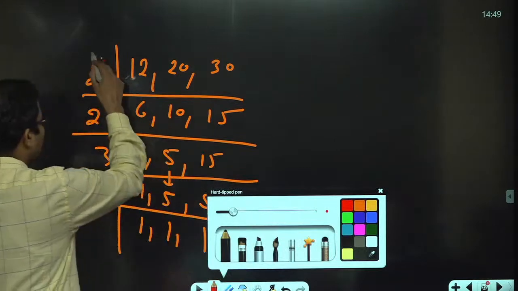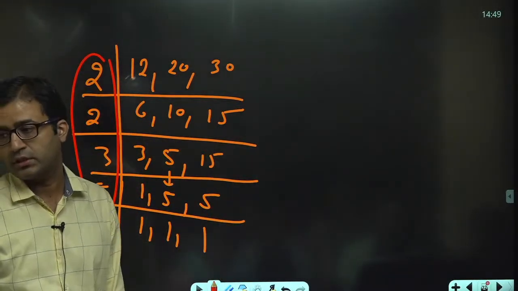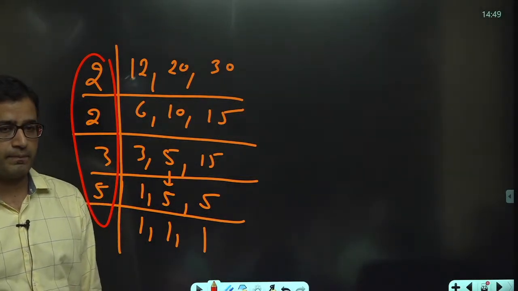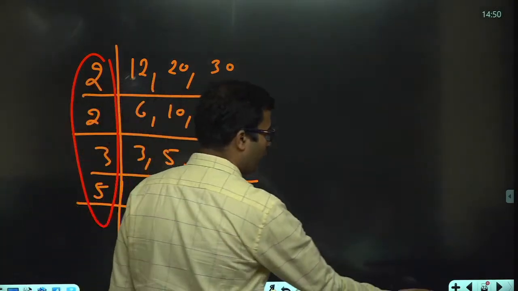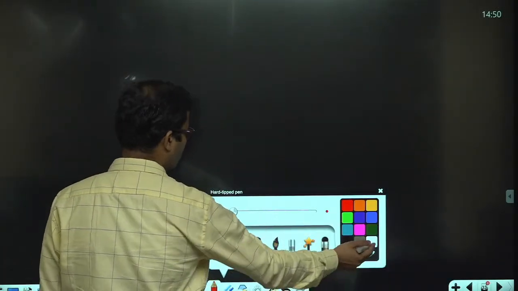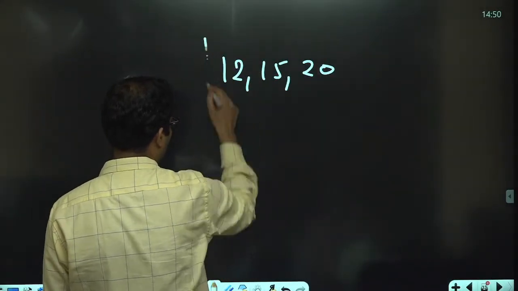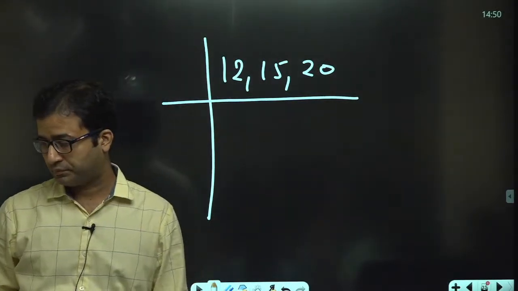Now here if you multiply all this, 2 into 2, 4, 12, 12 into 5, 60. So what is the LCM of 12, 20, 30? 60. Best example for LCM, find what is the LCM of 12, 15, 20. Take your time.